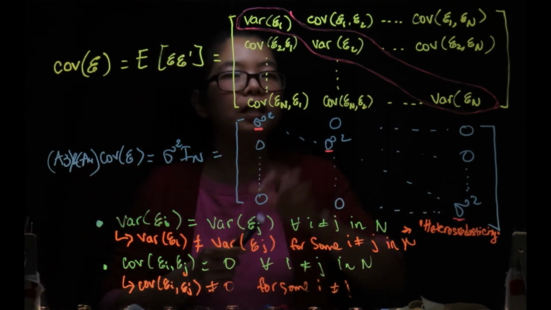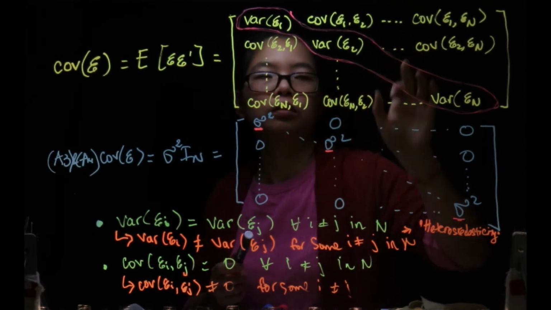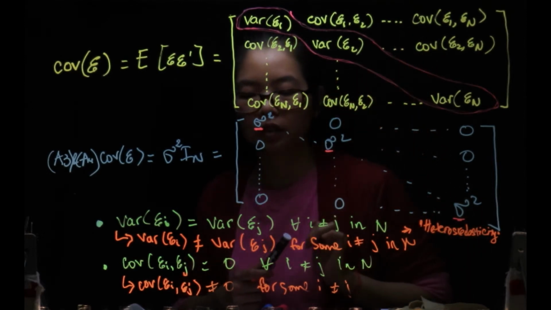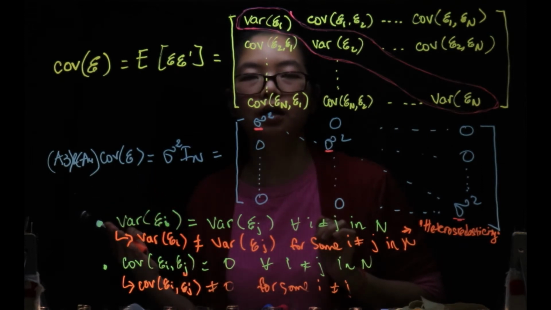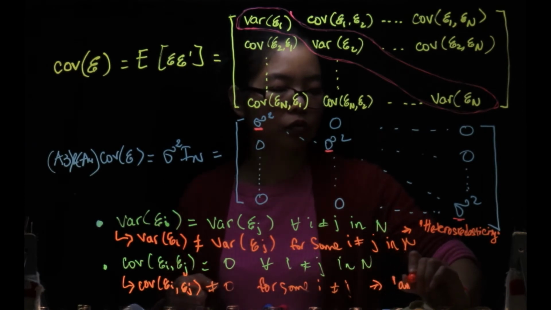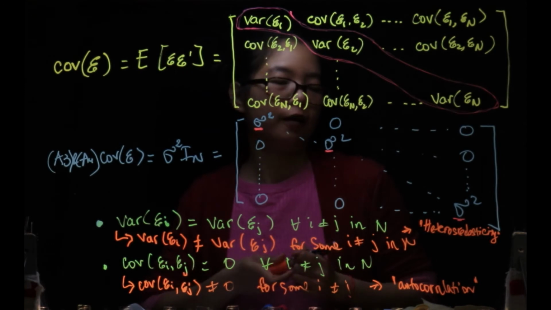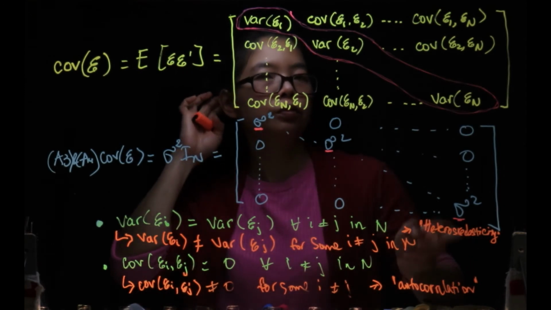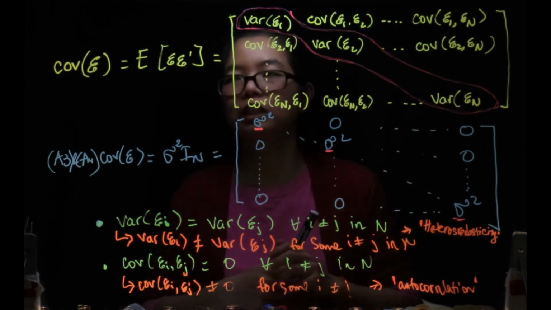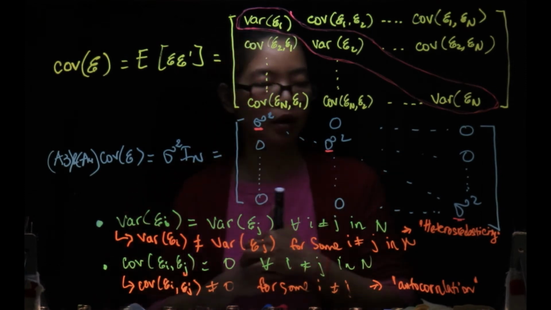So some of these off-diagonal elements will be different from 0, saying that the error terms are somehow autocorrelated. So this is autocorrelation. And these are the two diseases of the covariance matrix of the error term that we will look at this week and see what the consequences are.